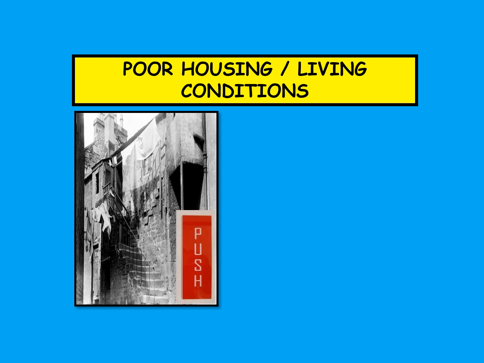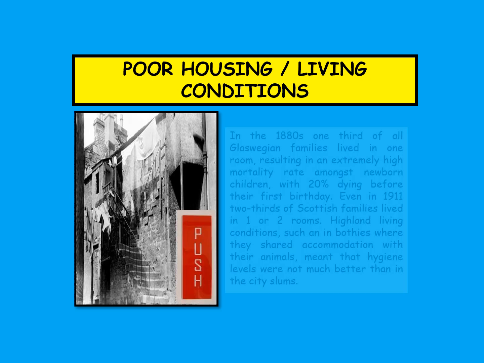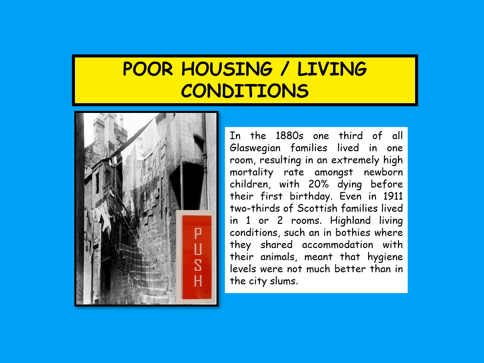So the poor housing and living conditions, which we've briefly mentioned in Scotland, was a push factor. Generally speaking, in the 1880s, about a third of houses in Glasgow were pretty much just one-room houses, or sometimes called one-end houses, where the families are living. It's very, very crowded, so disease spreads really quickly, and there's a really high mortality rate happening, especially amongst newborn children.